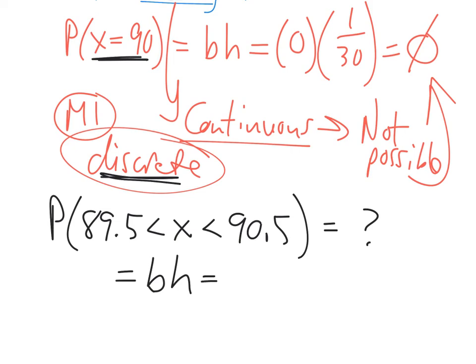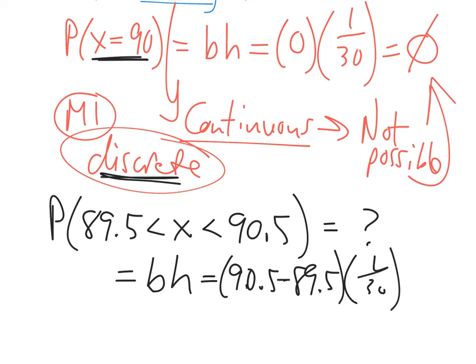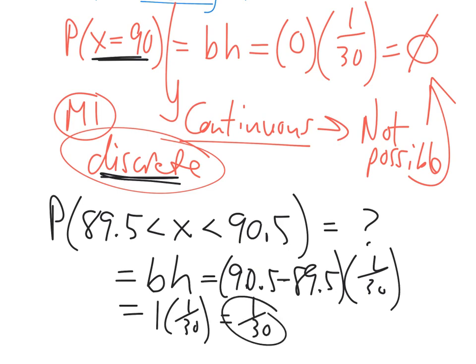In this case, the base would be 90.5 minus 89.5, and our height is our uniform probability. So this becomes 1 times 1 out of 30.